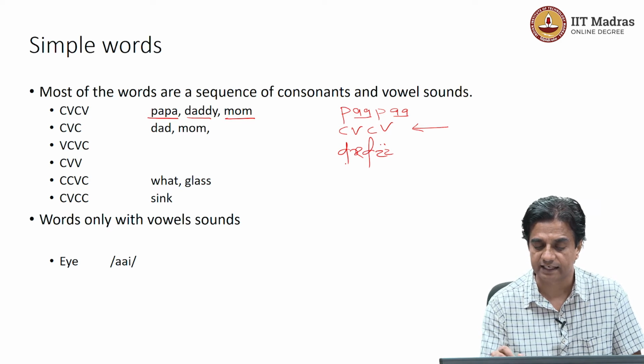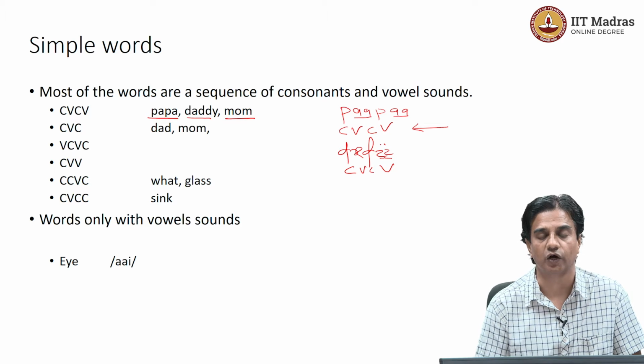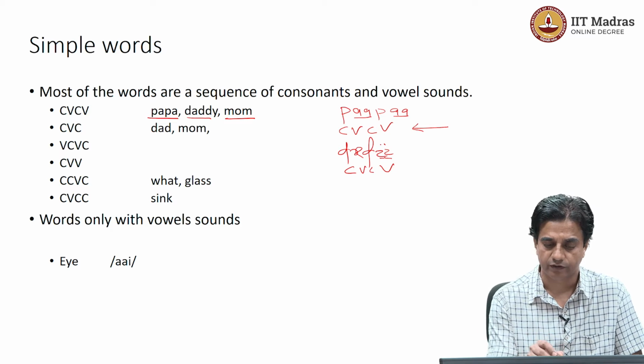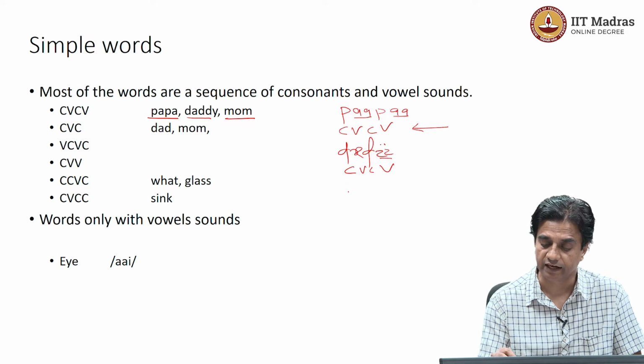So, this is again a sequence of consonant, vowel, consonant, vowel. As you know, this is a long E. And when you look at mom, you can have mommy.